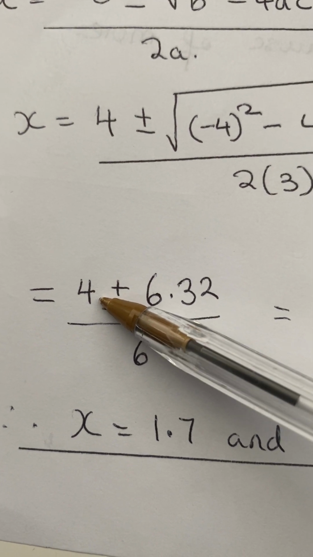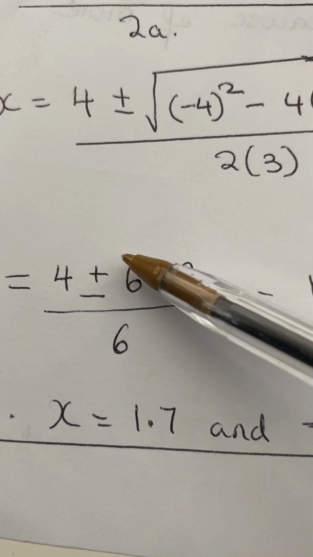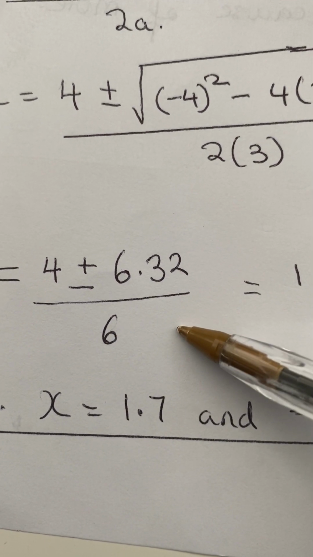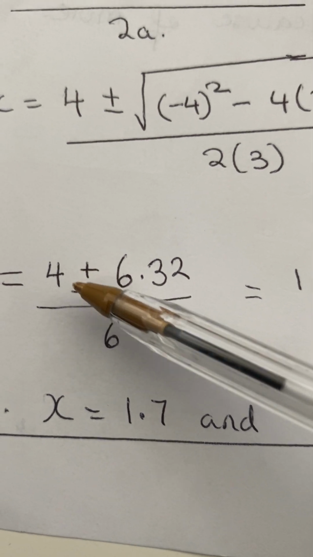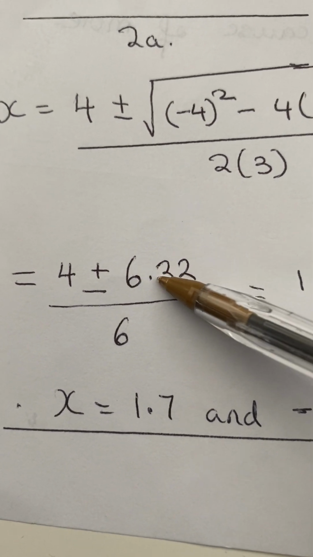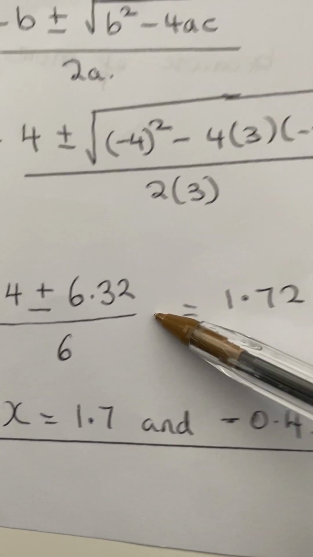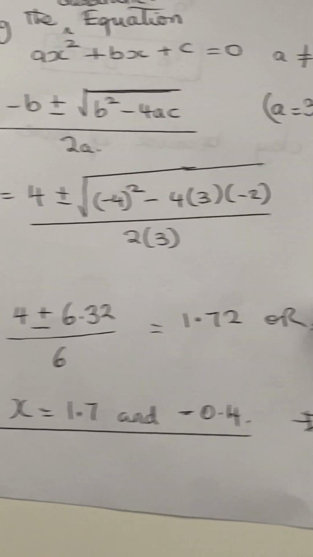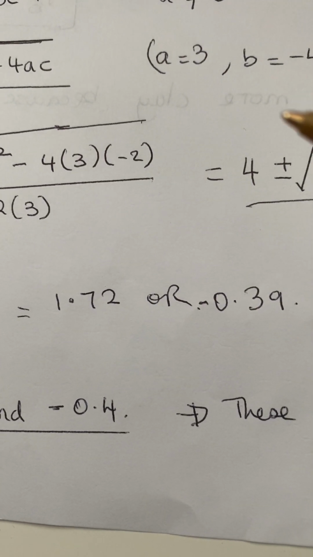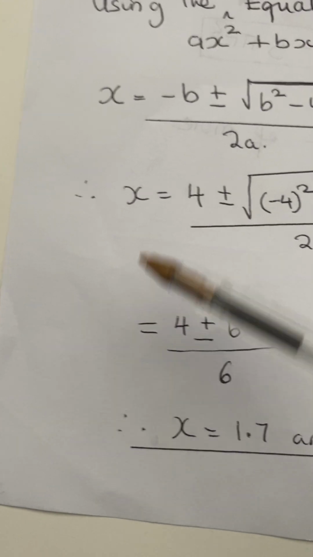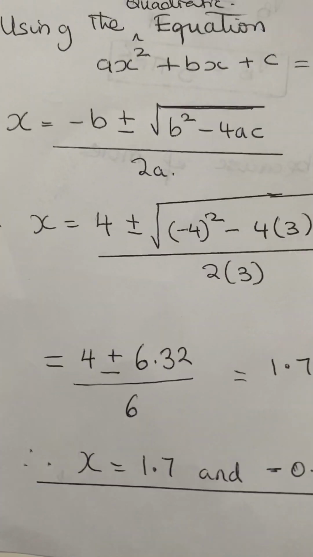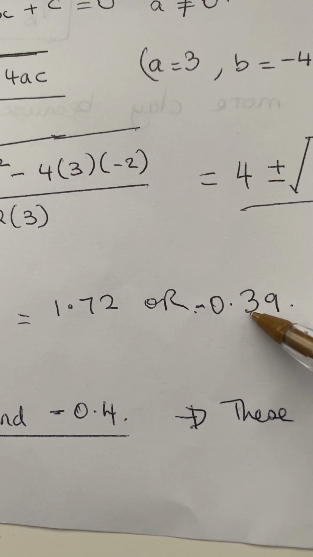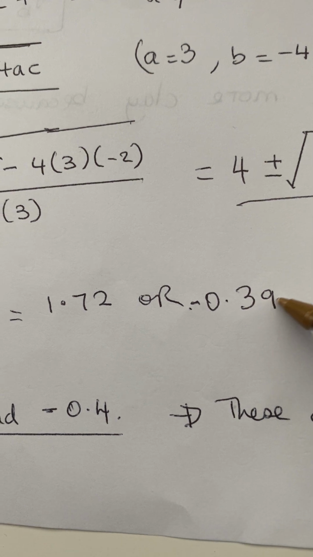So I have one of the x coordinates to be 4 plus 6.32 over 6, and the other one will be 4 minus 6.32 over 6. Now if you do that rightly on the calculator, you get two values of x: 1.72 or minus 0.39.